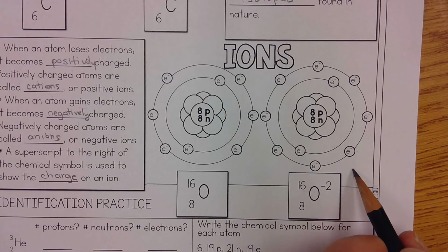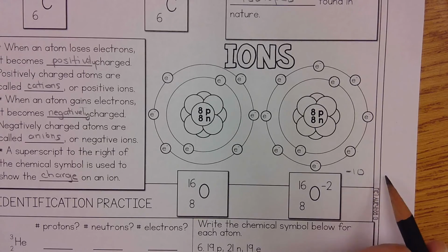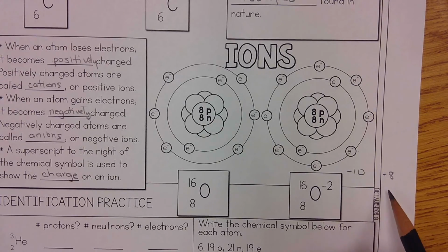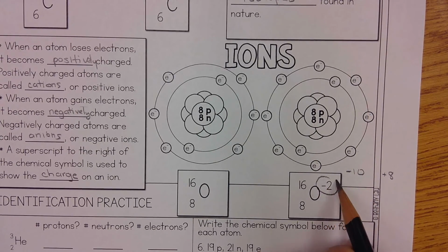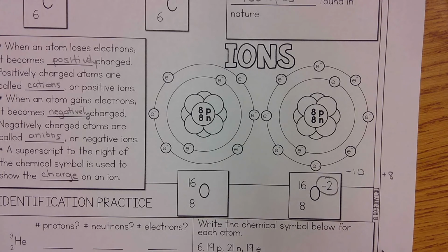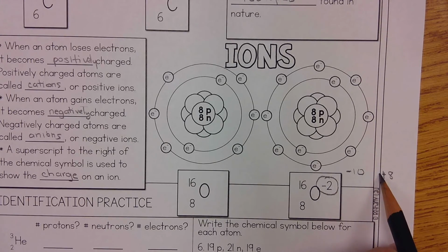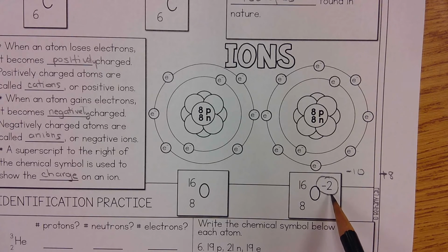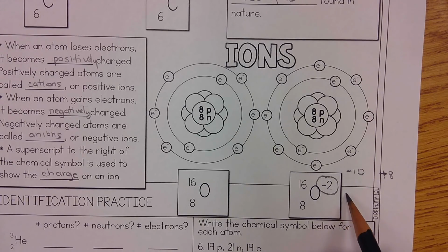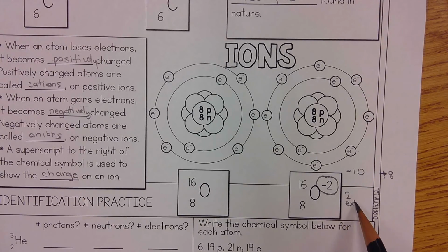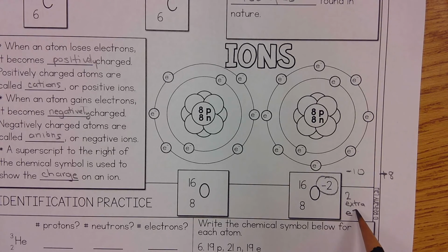Because here we have a negative 10 and a positive 8, which makes a difference of negative 2. That negative 2 superscript says that this oxygen has 2 extra electrons. That's how you abbreviate electron, e with a minus, because it's negatively charged. So there are 2 extra electrons here, which gives it that negative 2 charge.